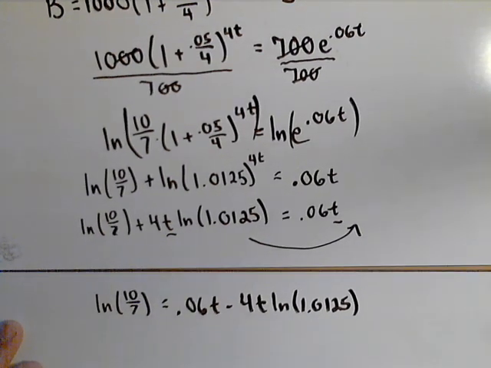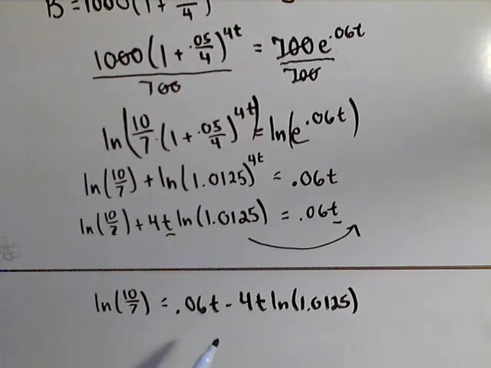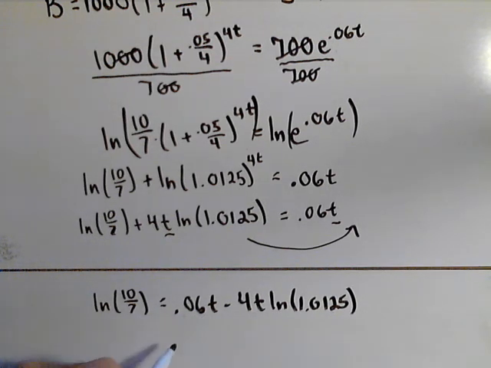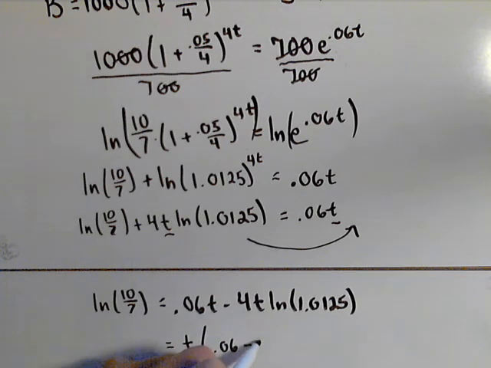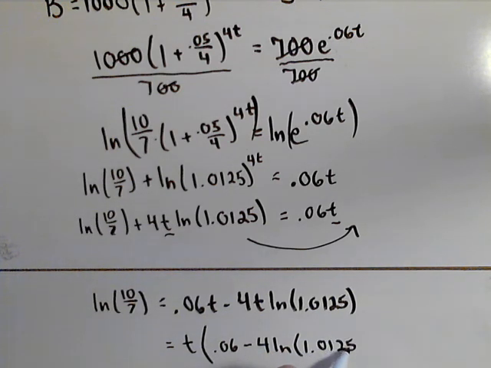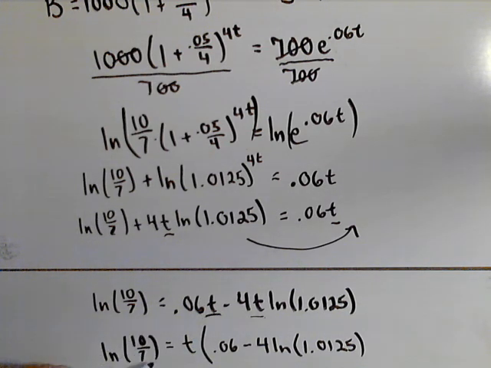Alright, the reason we do that is because now a t can be factored out of this right-hand side. I can rewrite this right-hand side as t times (0.06 minus 4 ln of 1.0125). So what I've done is I've factored the t out, and that's equal to ln of 10/7.